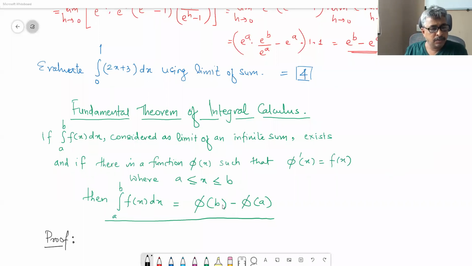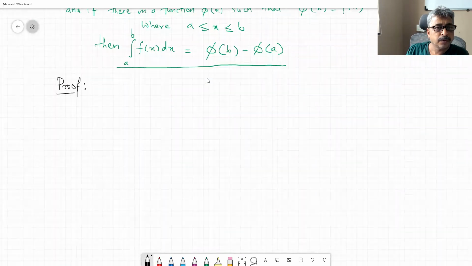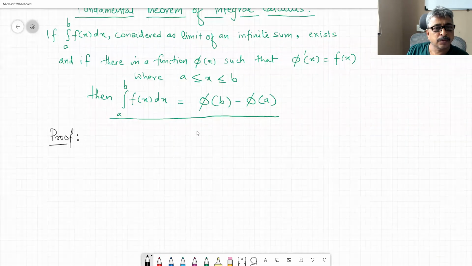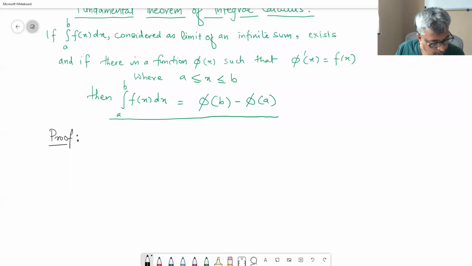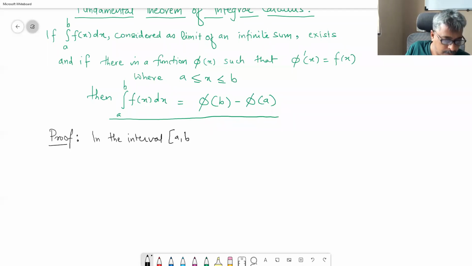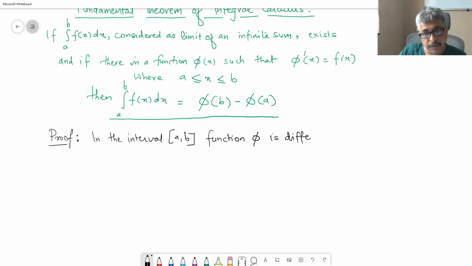Let us write down the proof of this. In the interval a, b, the function phi is differentiable. Hence continuous.